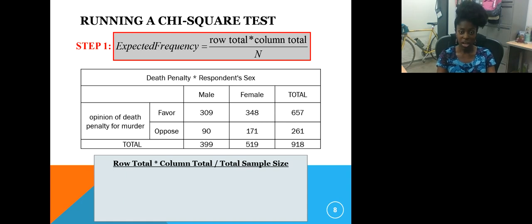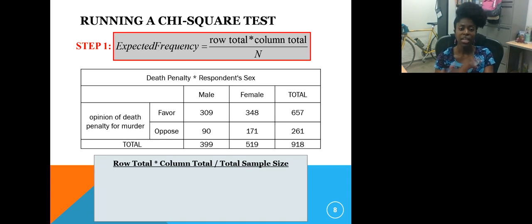What's our first column total? Hopefully you're saying 399. Our second column total, hopefully you're seeing that it's 519. And then the total sample size, our N, our total number of observations, is 918.